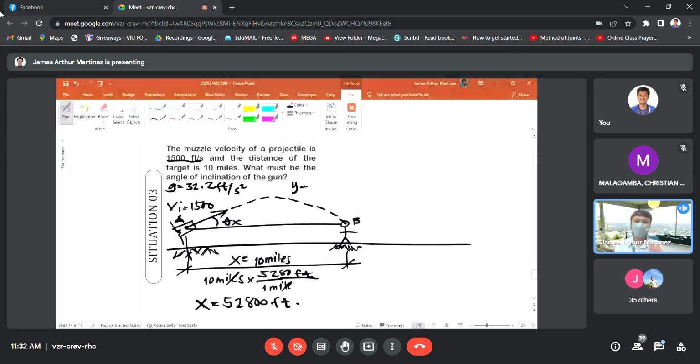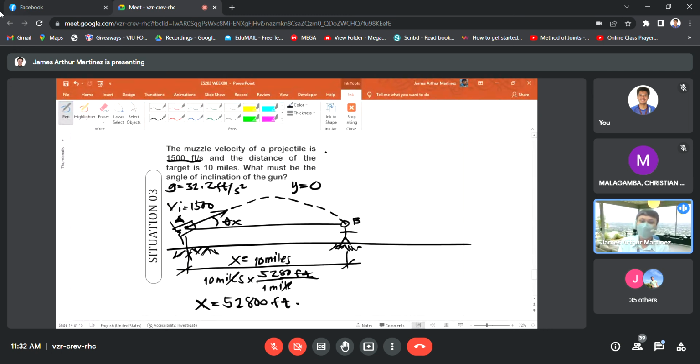Because by definition, the y in our equation should be the vertical distance of the projectile motion, relating its final position to its initial position. Since the initial position and the final position are collinear, there is no vertical distance, which means y in our equation is equal to 0.